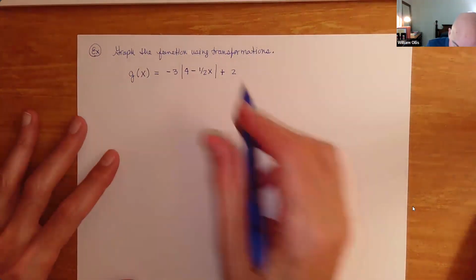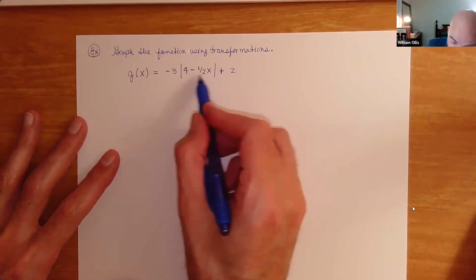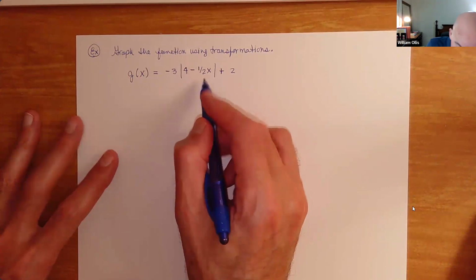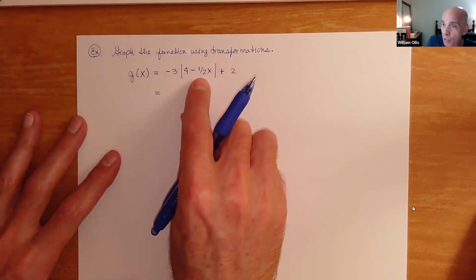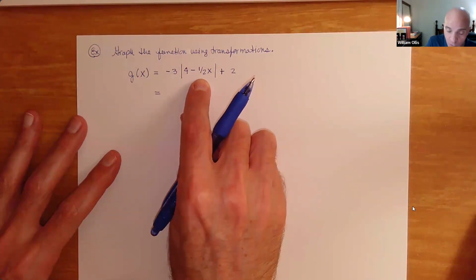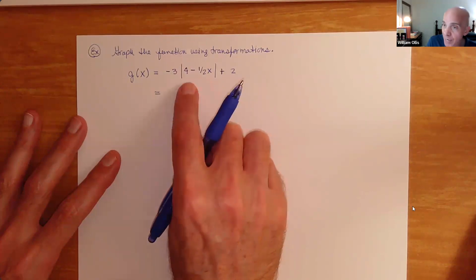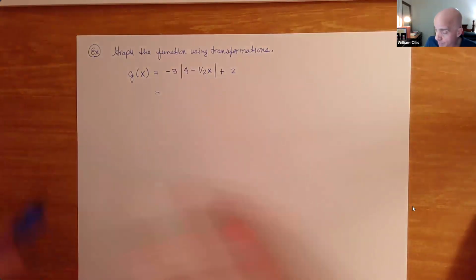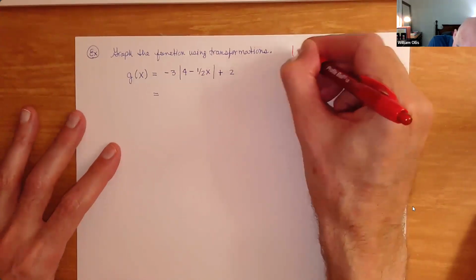So first, what we want to do, we can either factor this or just use the fact that we have the properties of the absolute value. So remember, we can always flip things around with the absolute value. So if we have 4 minus 1/2 x, we could just write that as 1/2 x minus 4 using properties of the absolute value. So let me remind you of that. So we certainly have that available to us.